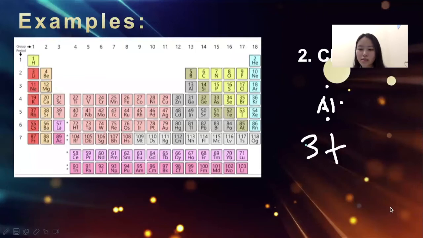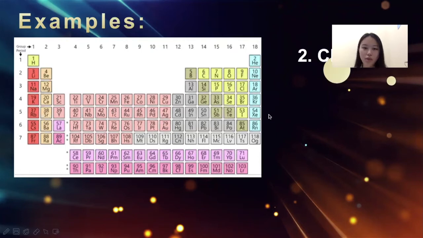The next, number 2, is chlorine. First, let's find chlorine on the periodic table. So here is the chlorine. There is 1, 2, 3, 4, 5, 6, 7. So there are 7 valence electrons.